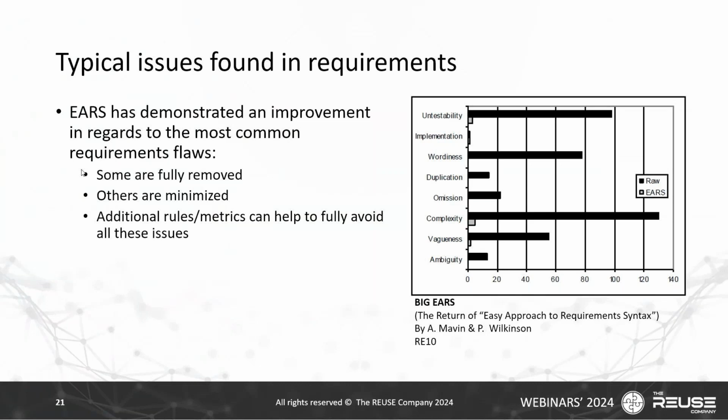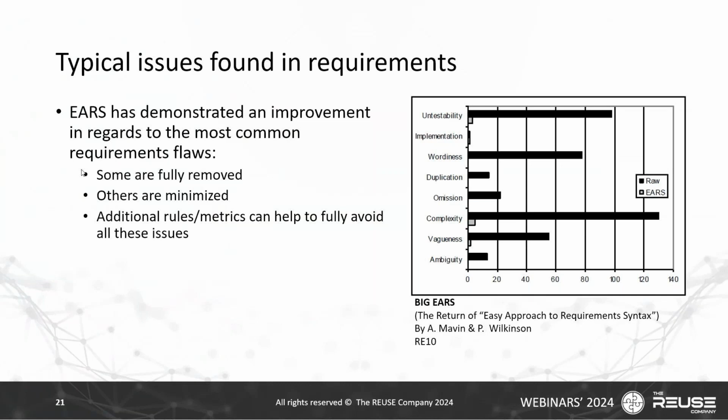Omission, because after following this approach with all the keywords, it is more complicated to miss the condition, which is one of the aspects when you are not helped by patterns. The reduction in ambiguity is something that, of course, by forcing authors to follow a given structure, there are fewer chances to enter ambiguous content.